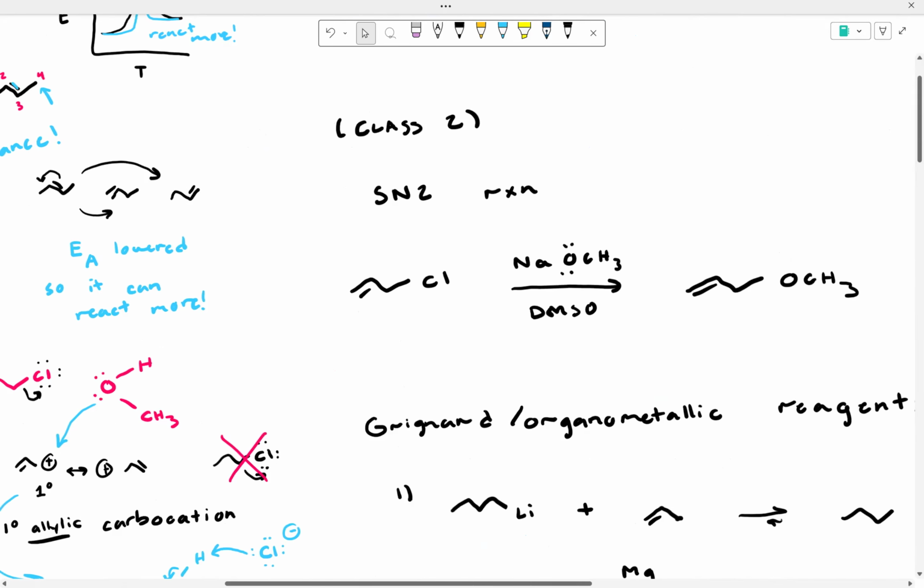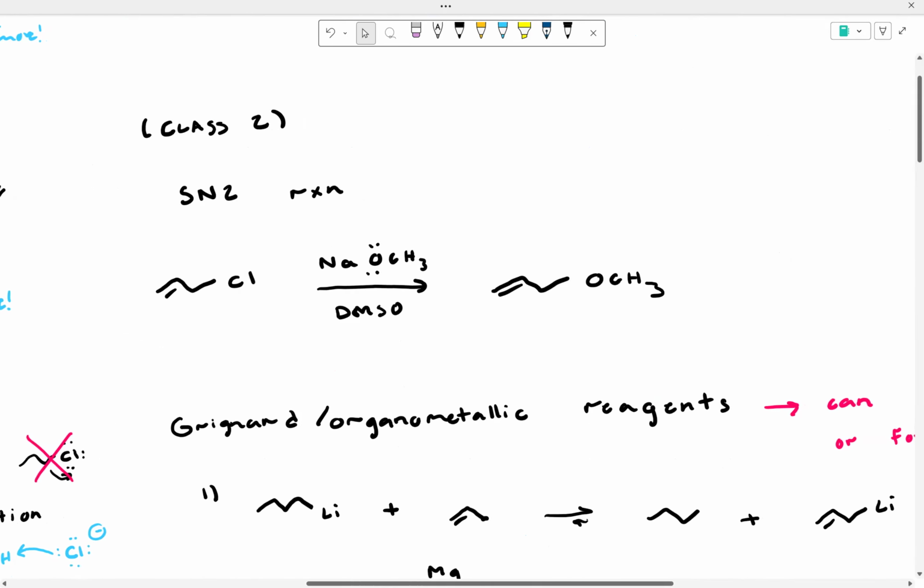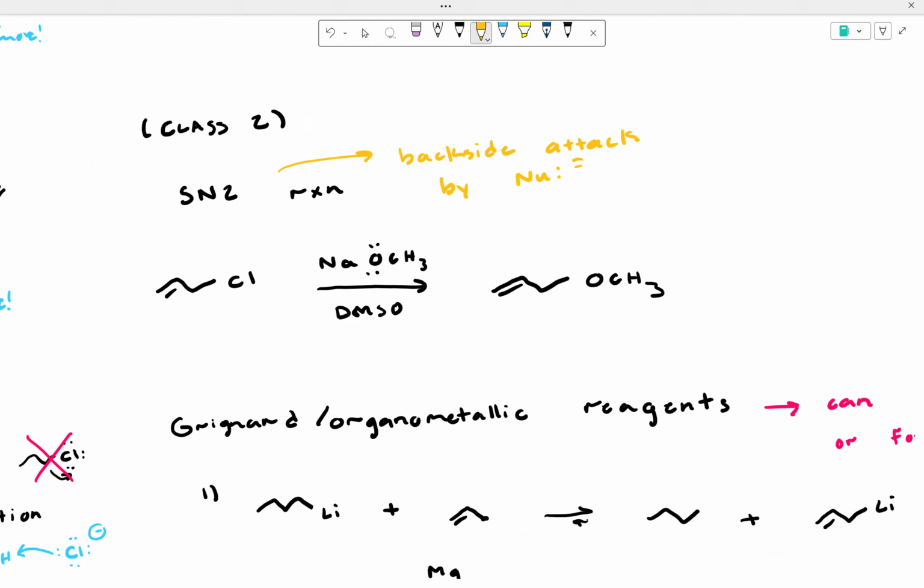Next, we're going to look at SN2 reactions. SN2 reactions we know are going to be backside attack by a nucleophile. Okay. So the first thing we would do in this instance would be identifying our nucleophile.